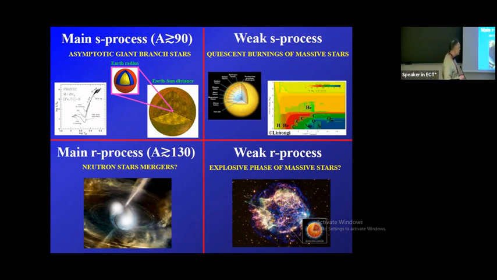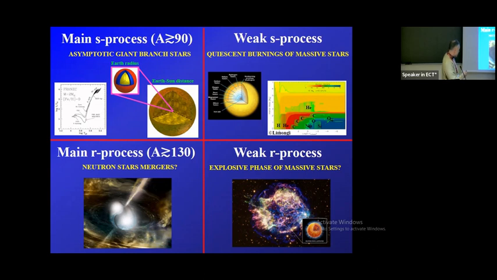So also in this case, there may be a full R process, called main R process, which is able to synthesize isotopes up to the actinides, or there are processes which are still classified as R process, but they are not able to develop the full nucleosynthesis up to the end of the R process path.